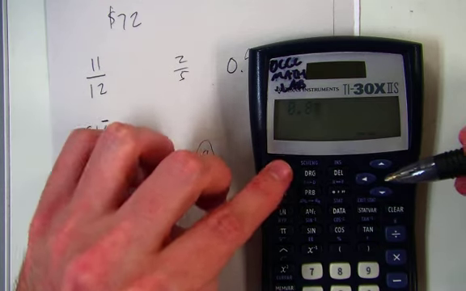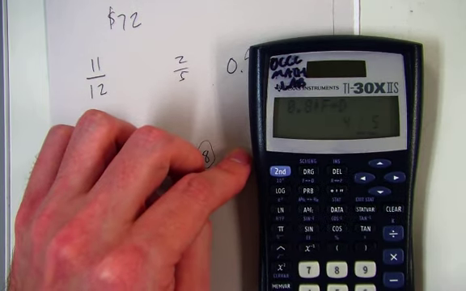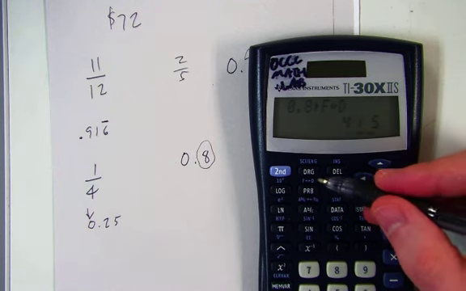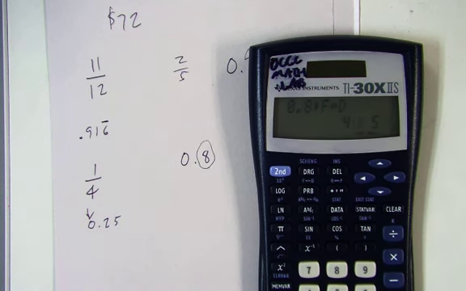So if I just hit second to get to the blue option, and then that key, and then hit enter, it's going to do it for us. So we do have a button on our calculator that's going to let us convert between fractions and decimals, and it's even going to reduce them down to lowest terms for us. So if you practice a little bit and get used to how it works in the calculator, it can make these questions quite a bit more straightforward.